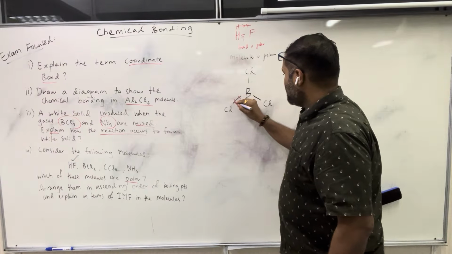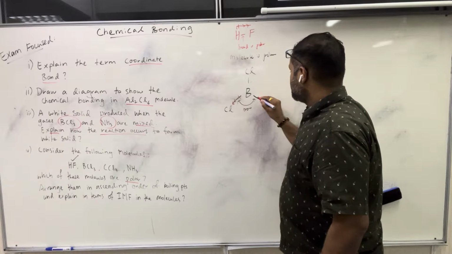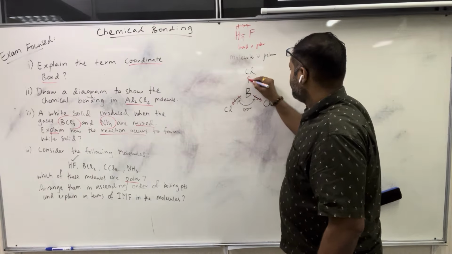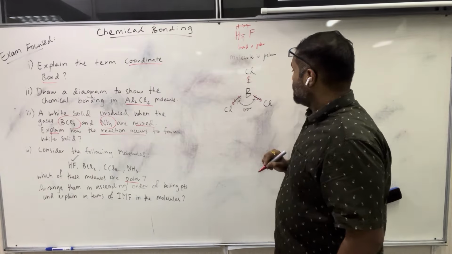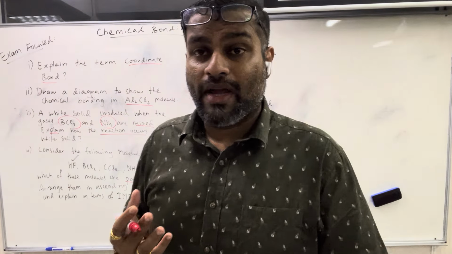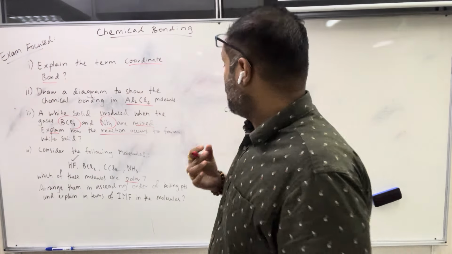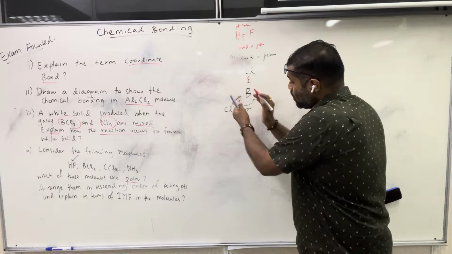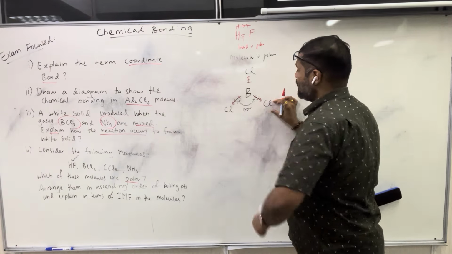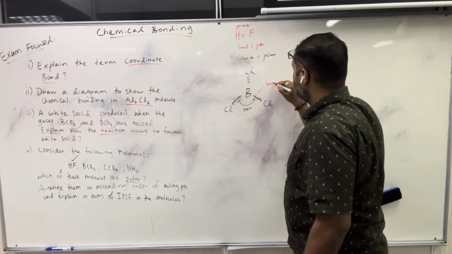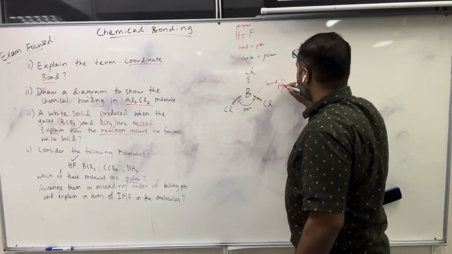The electron is being drawn closer towards chlorine. I'm sure you all know this because chlorine is more electronegative than boron. So whenever electron is pulled closer towards chlorine, the bond is definitely polar.